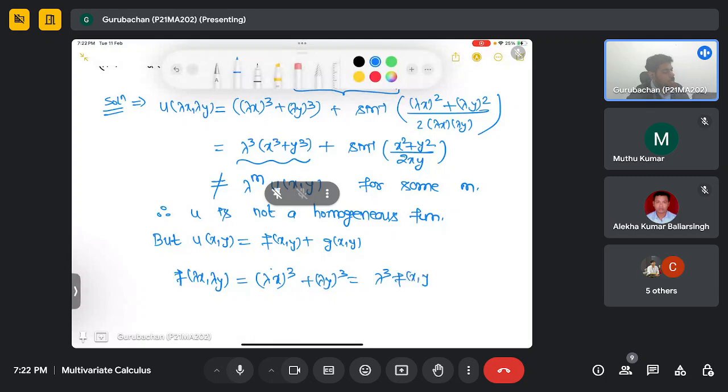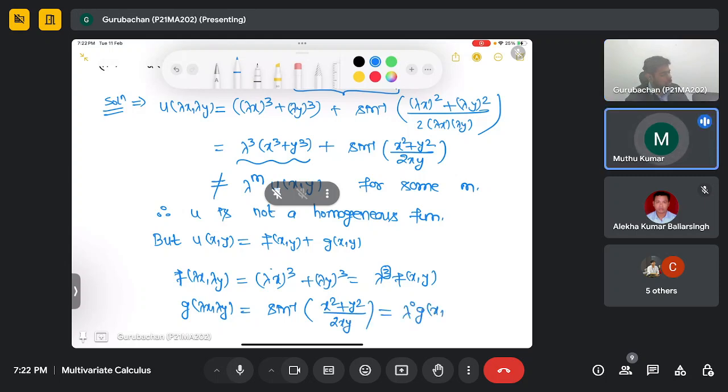So this is a homogeneous function of degree 3. Now g of lambda x, lambda y will give us sine inverse, again x square plus y square. I have skipped one step, you can check it out easily.